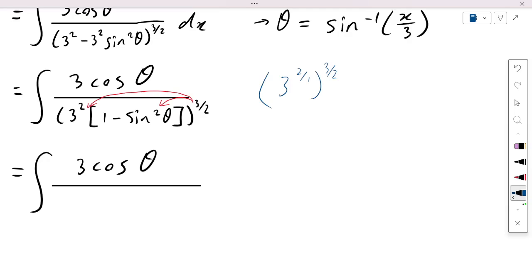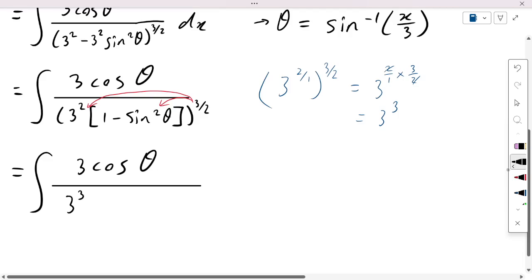We note that this can also be equal to 3 to the power of 2 divided by 1 multiplied by 3 over 2, where these 2s will cancel, and this will be equal to 3 to the power of 3. Okay, so therefore we can just write this as 3 to the power of 3, which is outside of the bracket now because it's already been affected by this exponent.